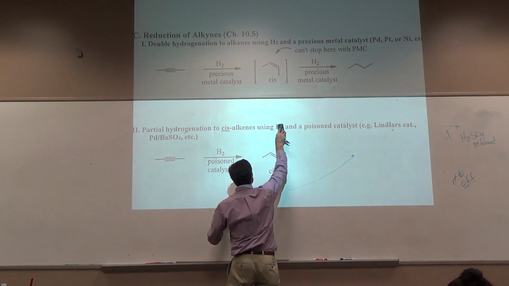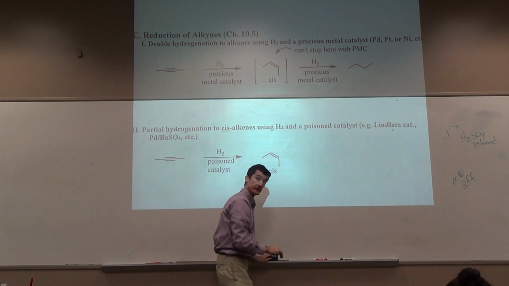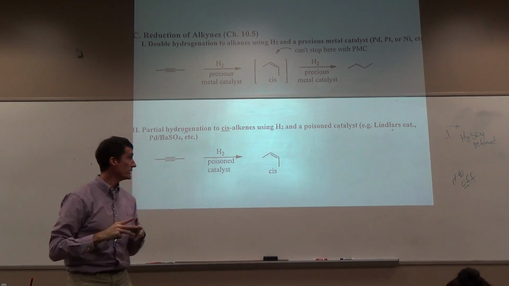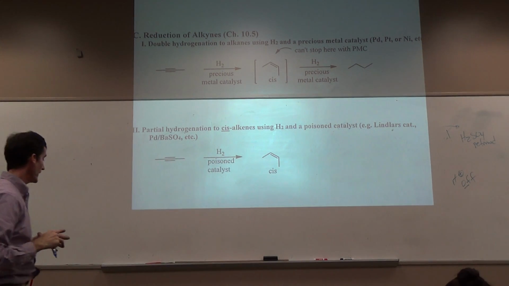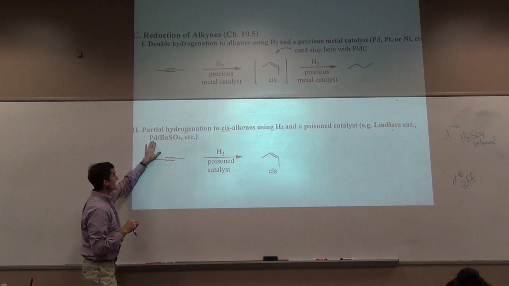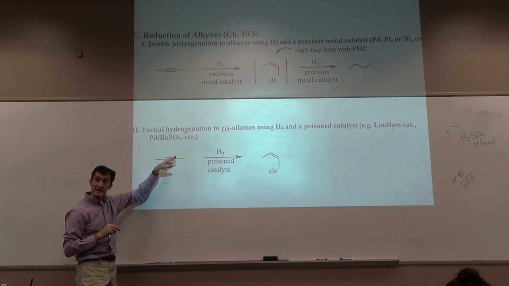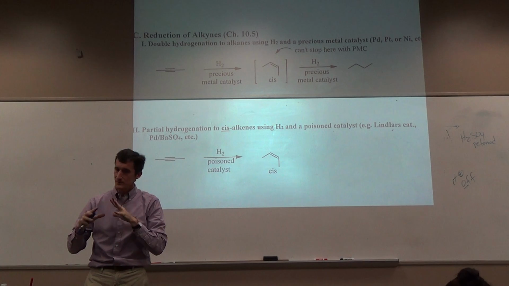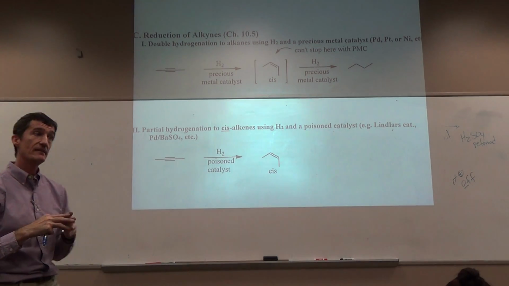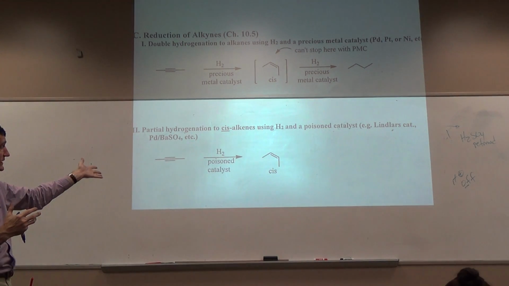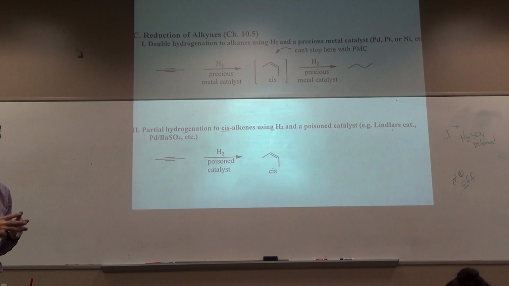Examples: palladium, if you add barium sulfate or lead sulfate to it, becomes less reactive as a catalyst. Then you can use that catalyst to stop at the cis alkene.